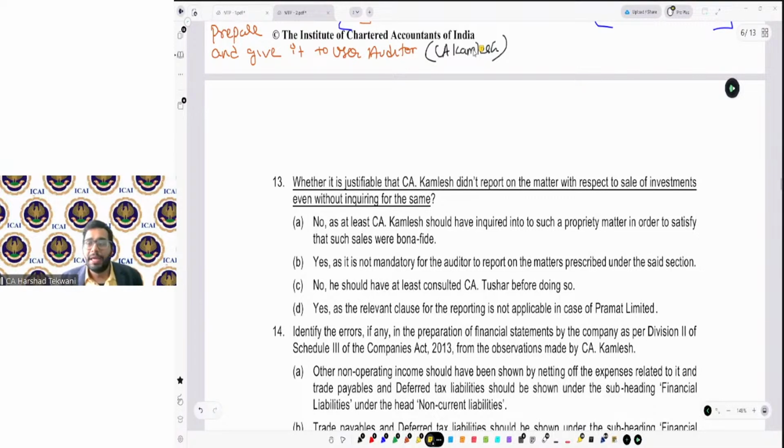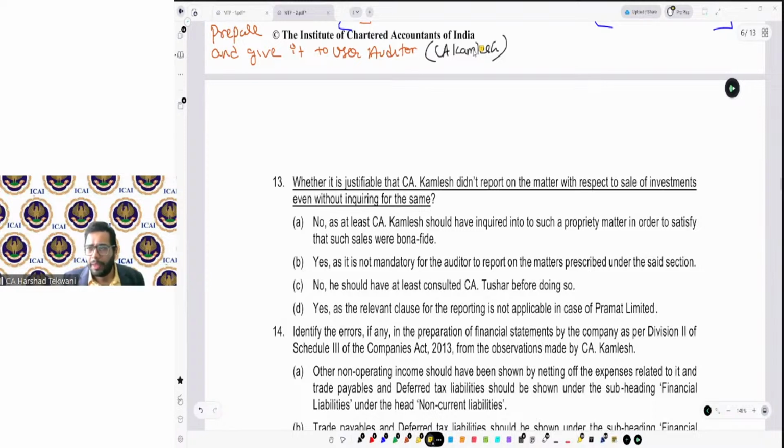But that is provided the company is not an investment company or a banking company. That is a condition which is given in the section itself. If that is the case, then they are not required to report if it's an investment company or a banking company.